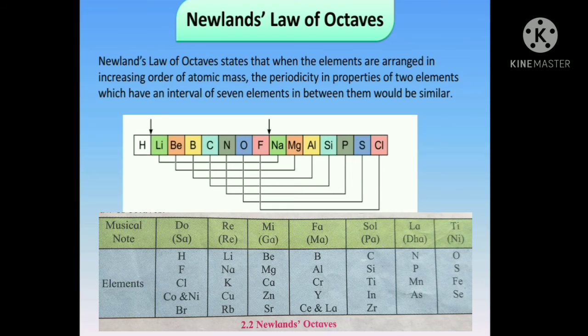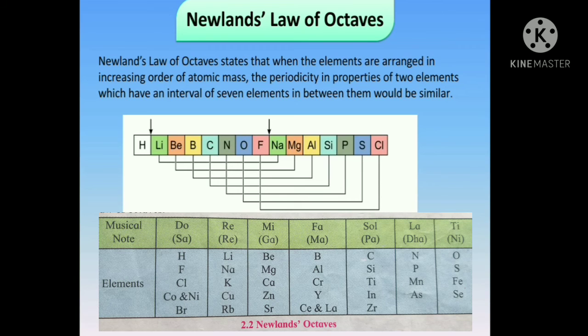N is La. And O is Ti. Then I come back to Do with F, that is fluorine. So hydrogen and fluorine come under Do, according to the musical note, that is Sa.